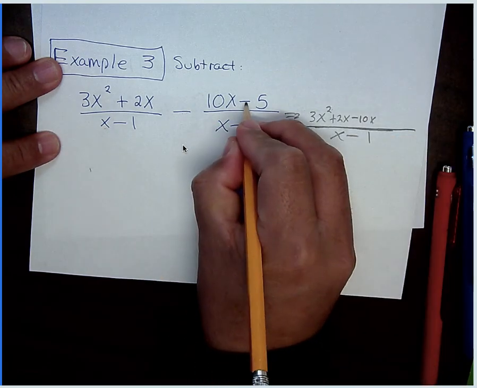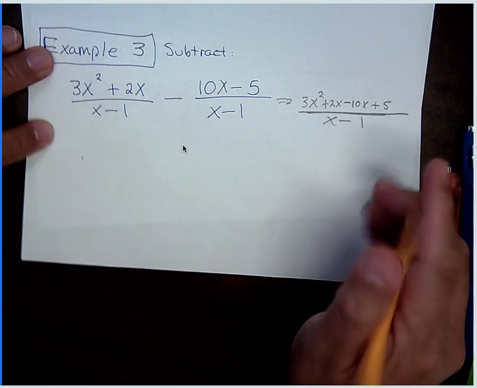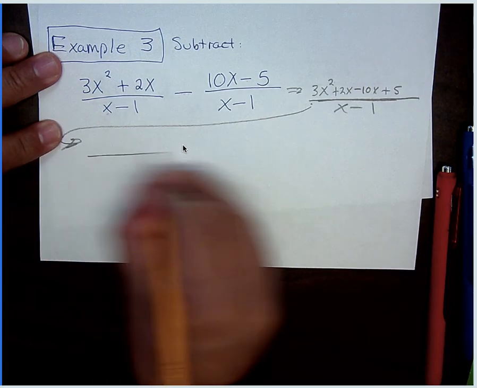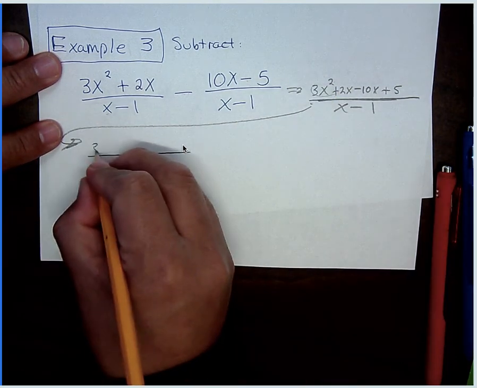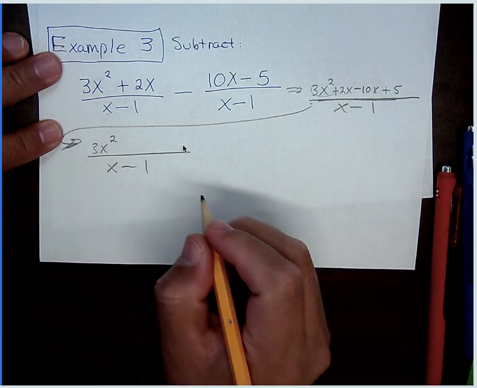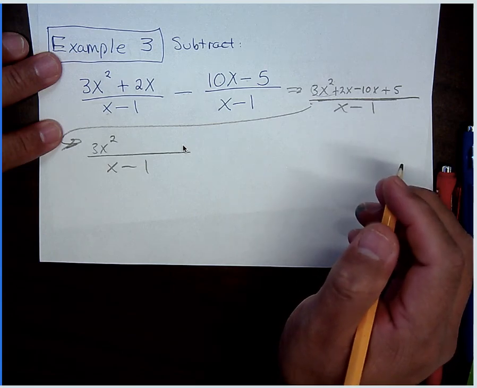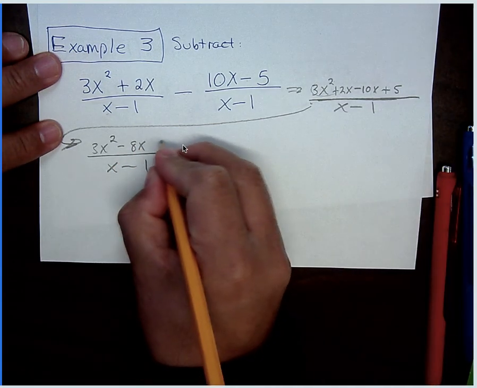Minus times minus would be positive 5. So I skipped a step there. Hopefully you guys see what happened. So x minus 1 at the bottom, then connect like terms. So that one's by itself, so you're going to leave that one like that. Plus 2x minus 10x. That would be negative 8x, and then the 5.